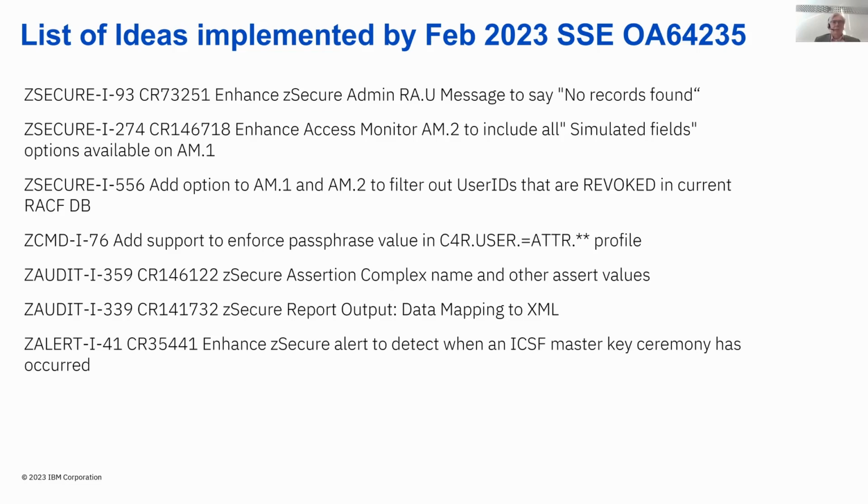We talked about the second and the third one, the fourth one, yeah, we talked about 359, about extending the scope of the assertion. We didn't talk yet about 339. We now ship a sample to morph data into an XML format.